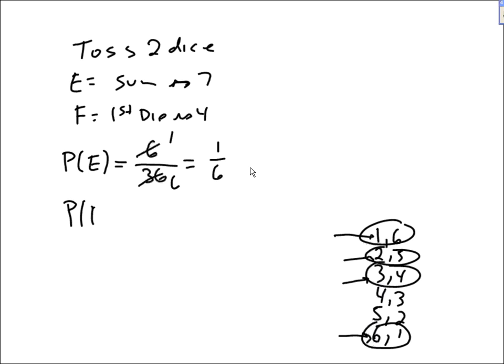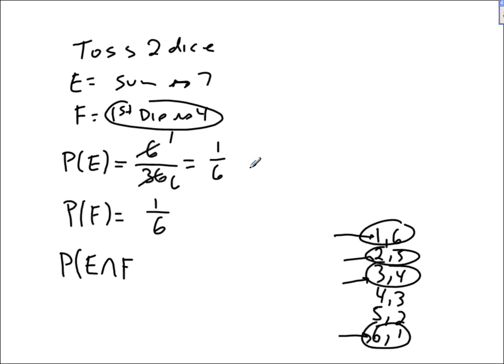The probability of F, the probability that the first die is a 4, is 1 out of 6. Now, what is the probability of E and F? Well, you're tossing 2 dice. The first one is a 4, but the sum is a 7.